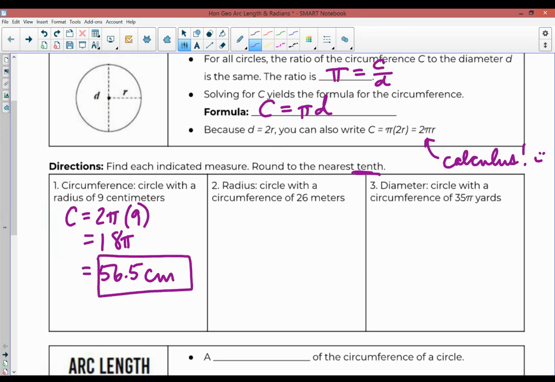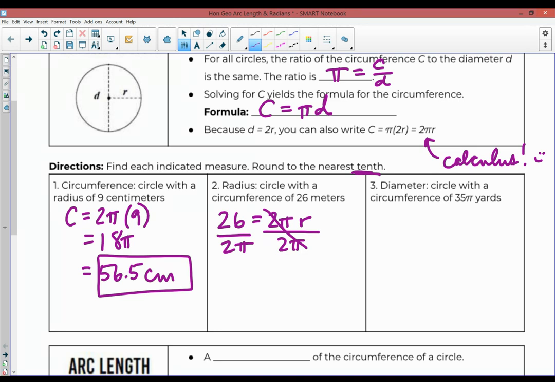Now we need to solve for a radius with a circumference of 26 meters. So 26 equals 2 pi r. Pi is a constant, so I can divide by 2 pi at the same time.